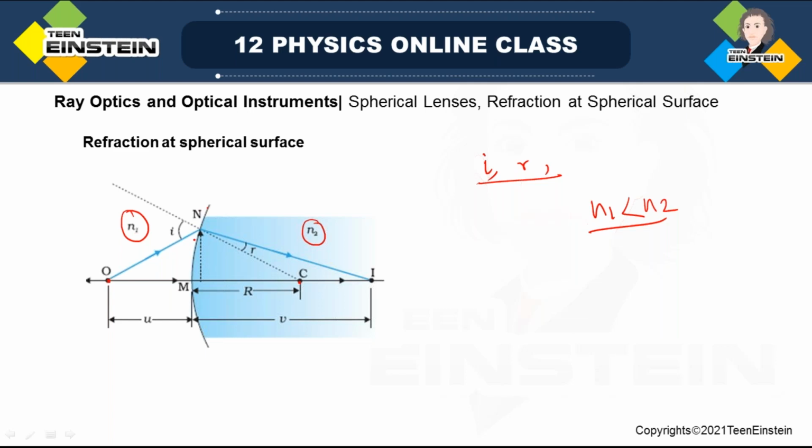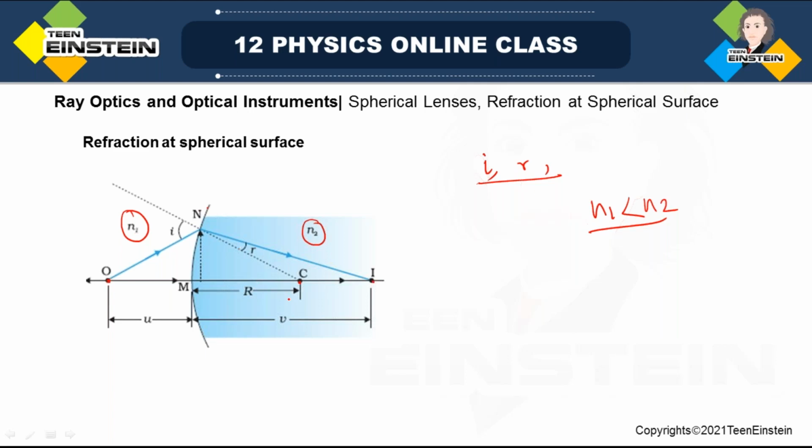Now you can see the ray is refracted like this, and here the point image has been formed. So O is the object and I is the image. Okay. This is the point image, the image of that particular object. And you can see this is the angle of incidence, and angle of refraction is measured with the normal. This is the angle of refraction.